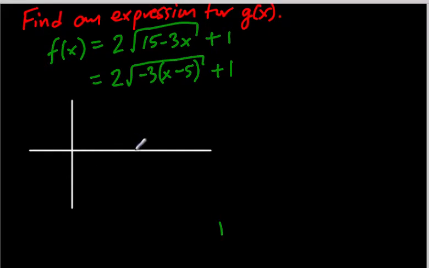I can see that this is 5, so let's do 5 over here, and then 1 up here. Remember, if I'm just drawing a rough sketch, it doesn't really matter what the stretches are. And I can see that there's a reflection in the y-axis. So originally it'll go there. Since there's a stretch, it would go there.